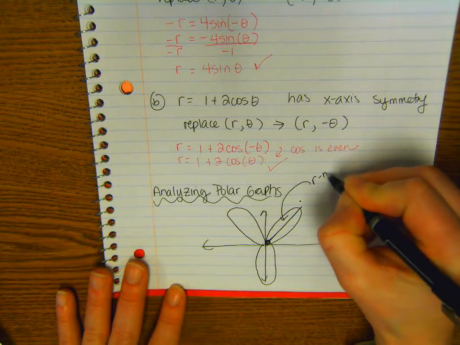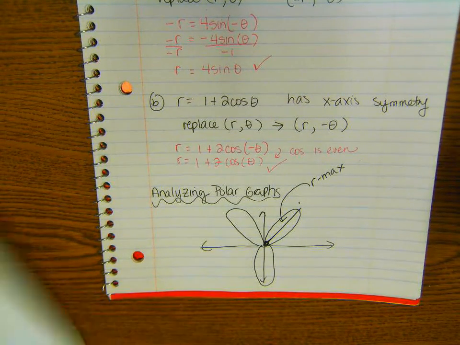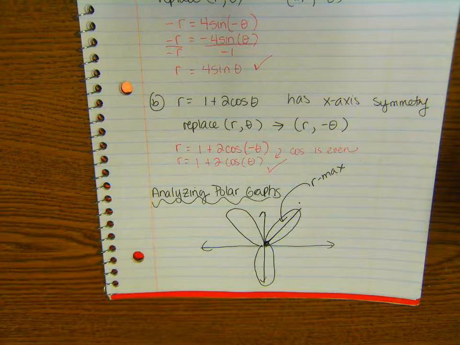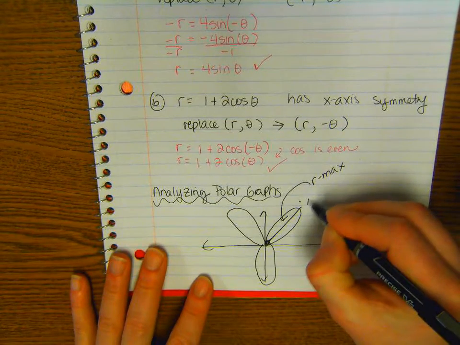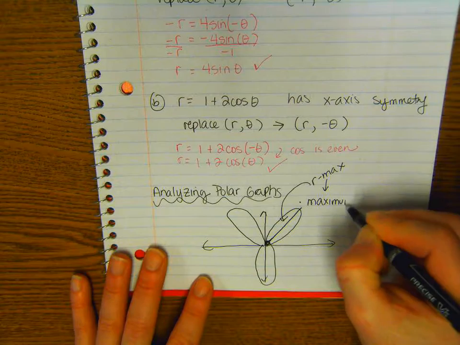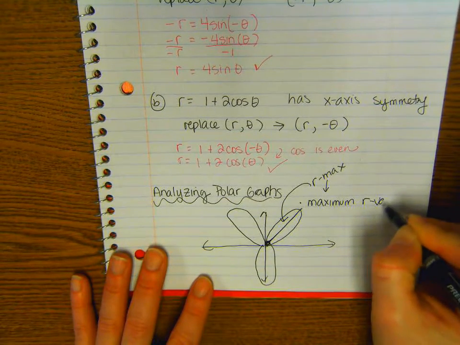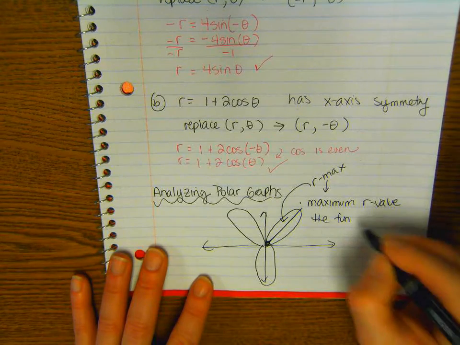Okay, this is called the R-max. What do you think the R-max, think about that word. What do you think that is? Yeah, the R-max is the maximum R value the function ever attains.